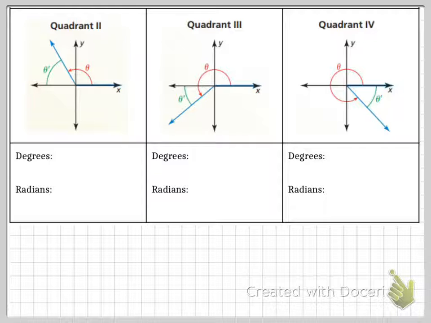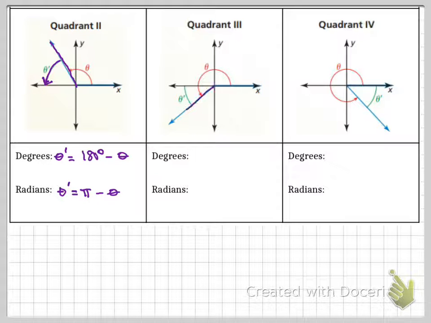So looking at quadrant 2, the terminal side ends in quadrant 2. We want to figure out what this reference angle is, and again, it's in reference to the x-axis. For degrees, theta prime would be 180 degrees minus theta. For radians, theta prime would be pi minus theta.